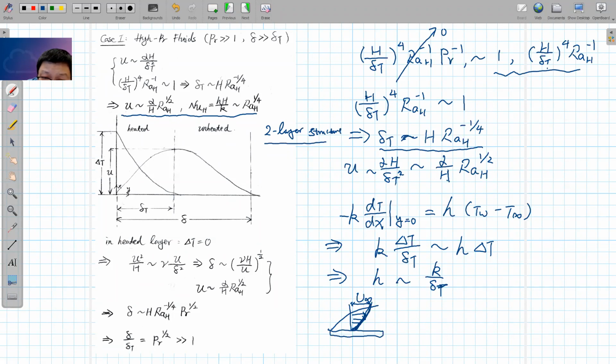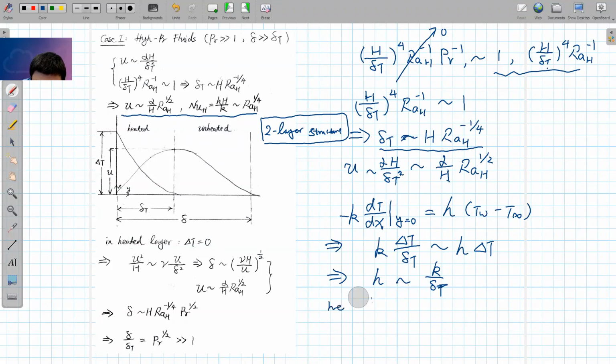This is a very special thing for the natural convection boundary layer. We only see this in the natural convection boundary layer. Let me remove this and write down what I wrote here before.